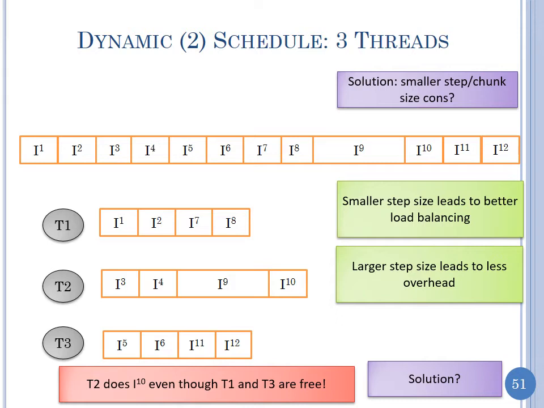Right, that's what it did, right? T2 picked up its next piece of work when it was done. It picked up I9 and I10. What we wanted was for it to have picked up I9 but not I10.